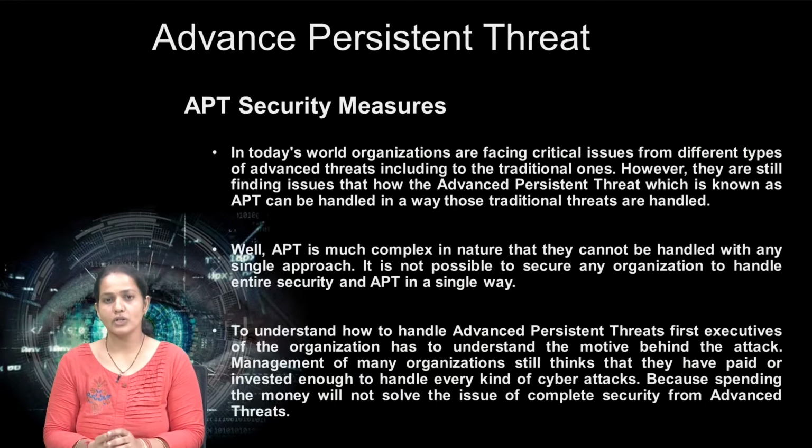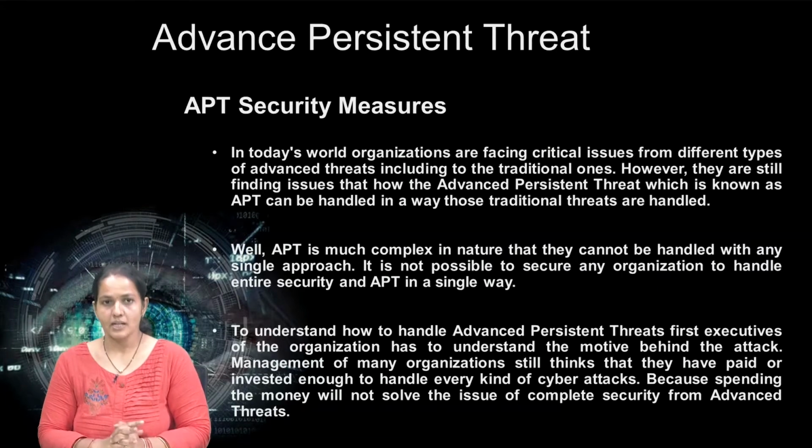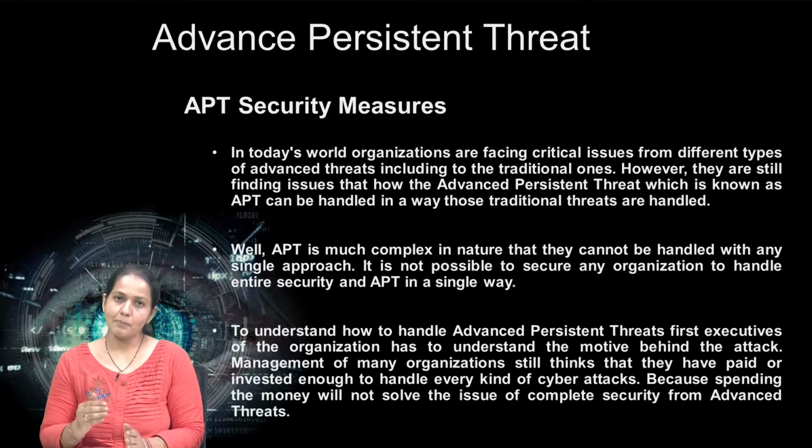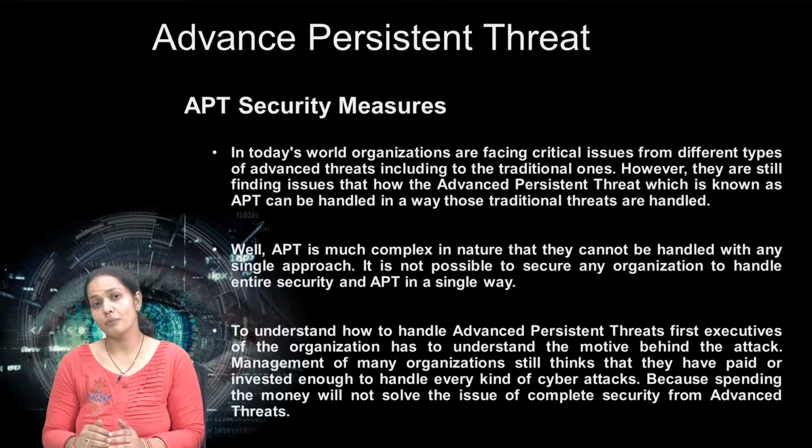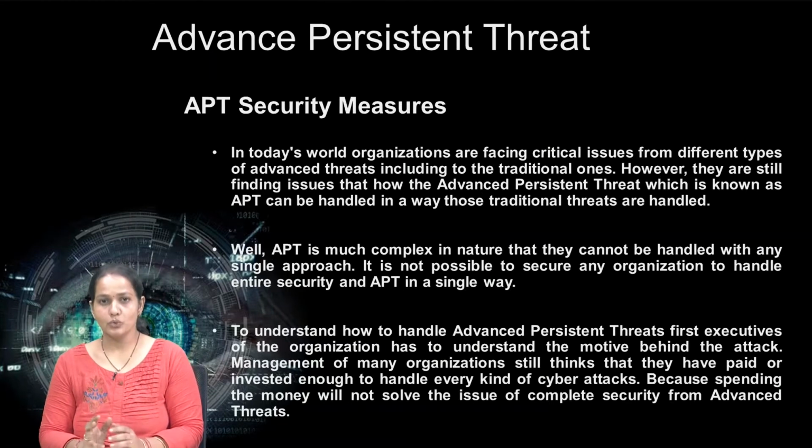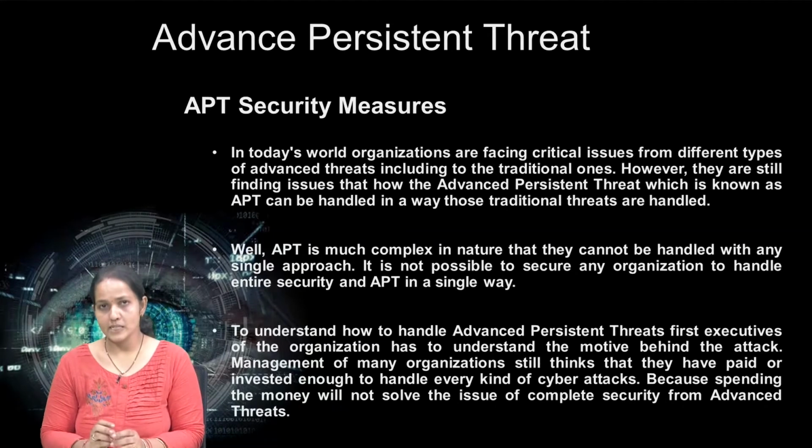In today's world, organizations are facing critical issues from different types of advanced threats, including the traditional ones. The attackers are performing traditional attacks, but with that they are also performing advanced threats to get access to sensitive data.